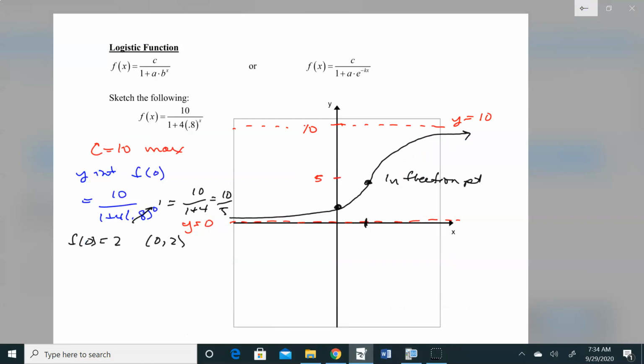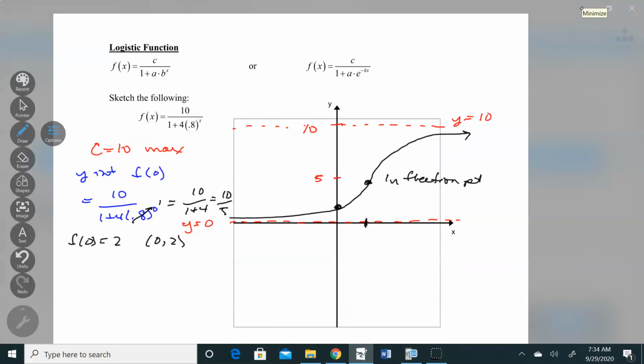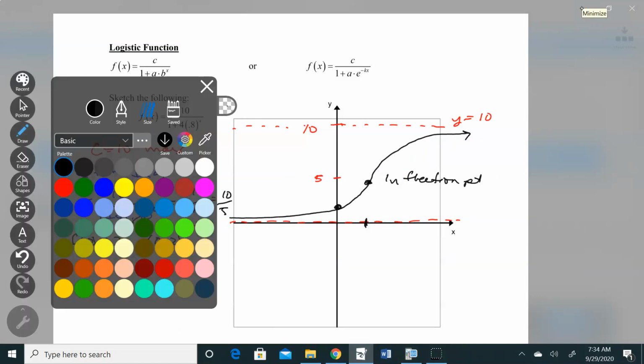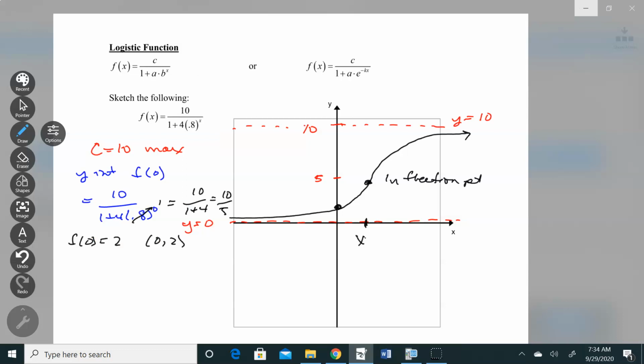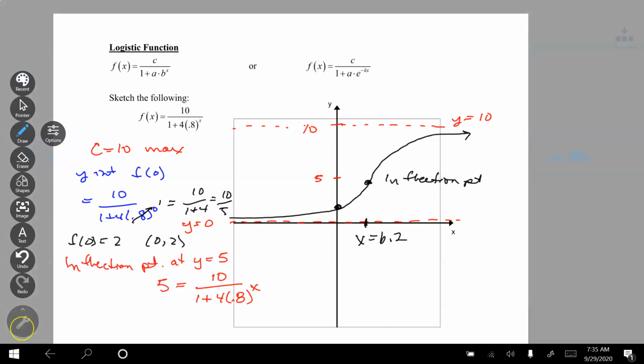So I'm going to go back to my sheet and say x equals 6.2. But I'm actually going to figure this out using algebra in a second. So I want to find the x value of the inflection point using algebra. And so I make y equal to 5.